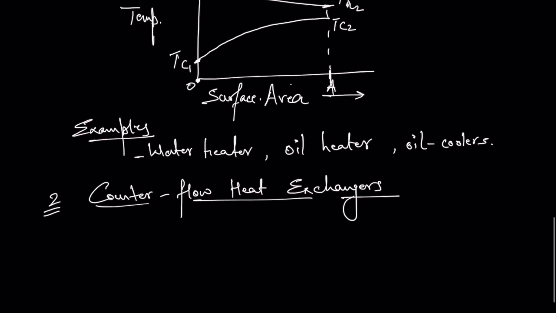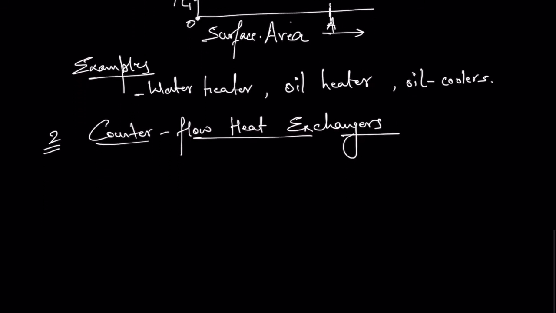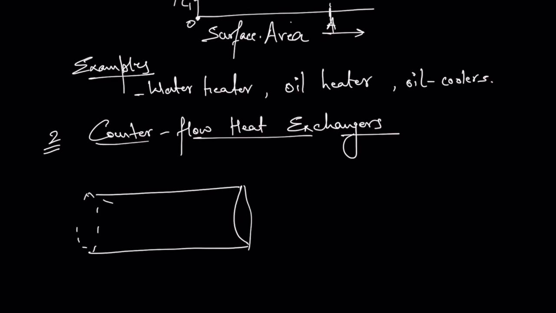A common type of counter flow arrangement is shell and tube. So we'll draw a shell and tube. Suppose the outer one is the shell. It will look like a double pipe, but it's a shell, and the inner one is the tube.